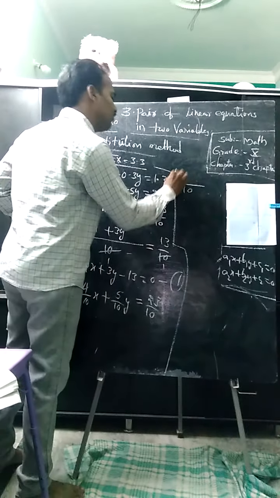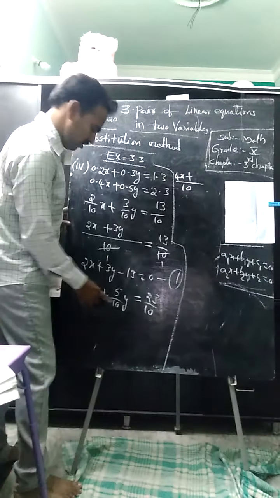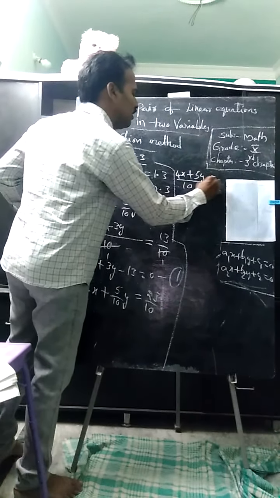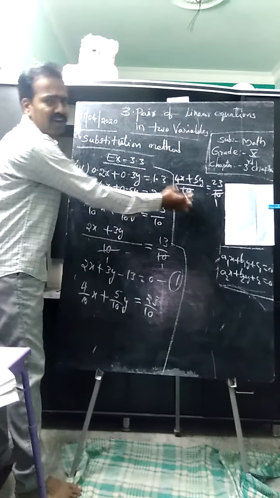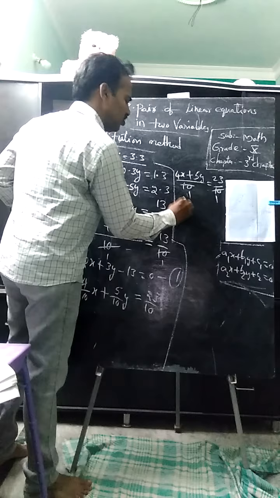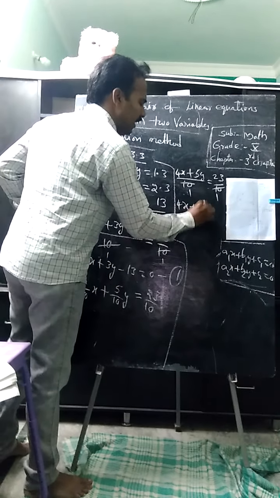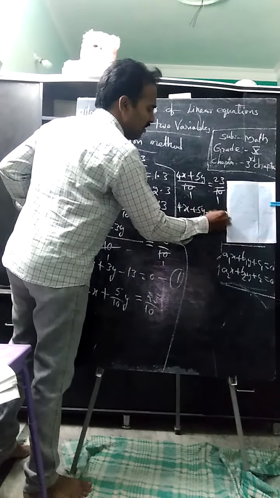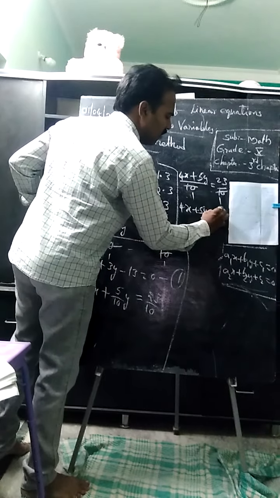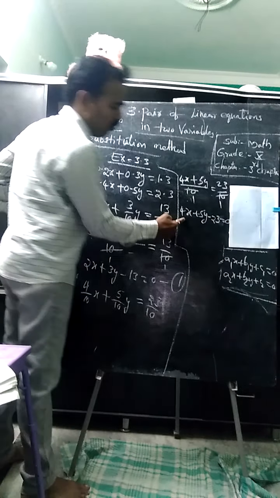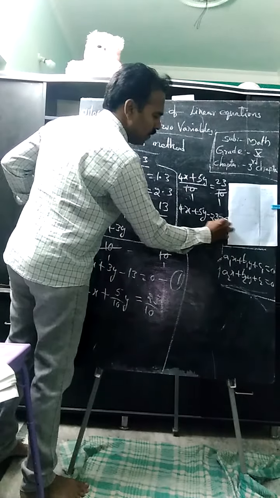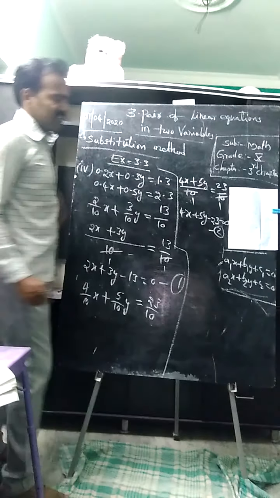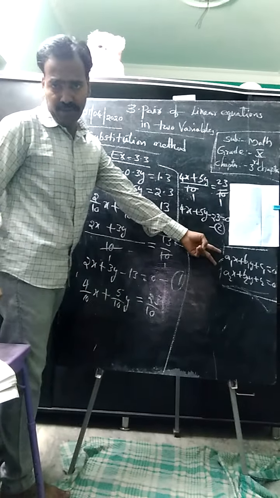We have here 4x plus 5y equals 23 by 10. 10 gets cancelled, because it is in the denominator, it moves to the right side and changes into the numerator. So we can again write in standard form of pair of linear equations, that is 4x plus 5y minus 23 equal to 0. That is equation 2, standard form of pair of linear equations in two variables.